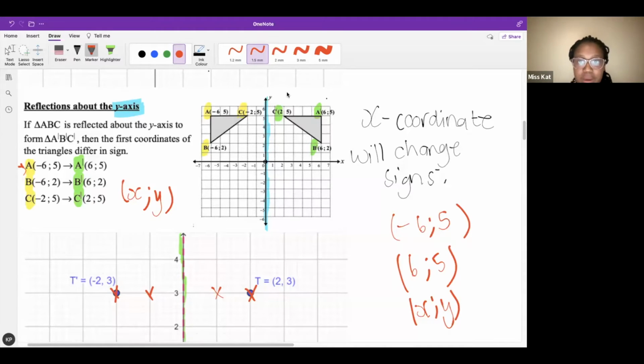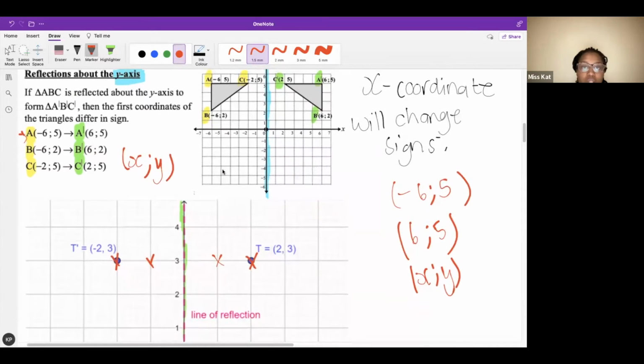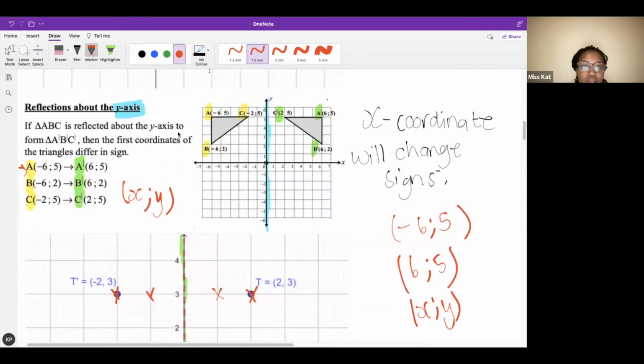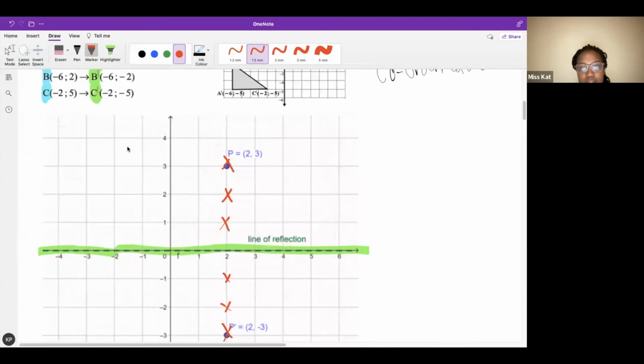Okay. Fatima, it's here. Ma'am, I thought when you reflect, it only goes down to the, what do they call this, like down to the x-axis. So how did you go from that side? Yeah, but this is the y-axis. Did you see that we changed? Oh, the y-axis. Okay. The first one was the x-axis.